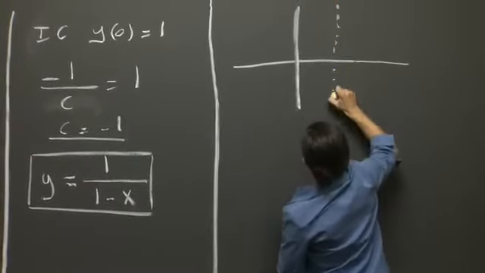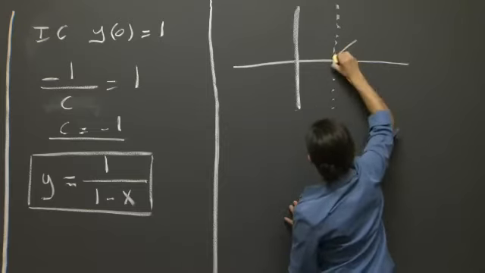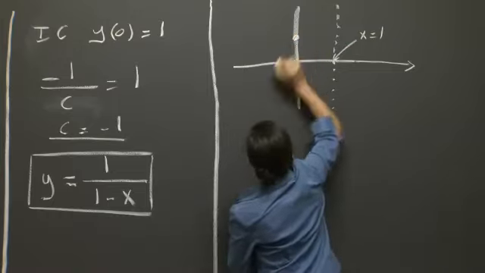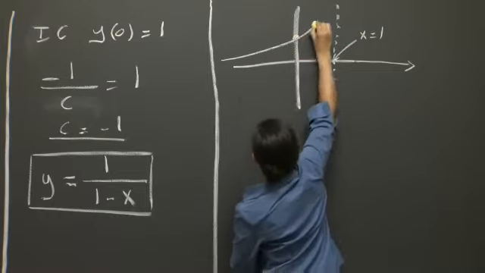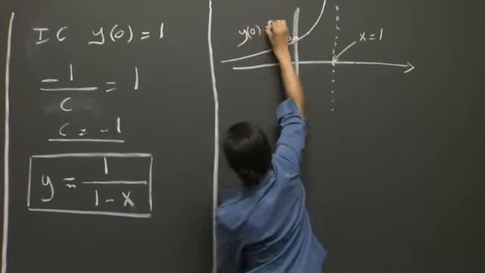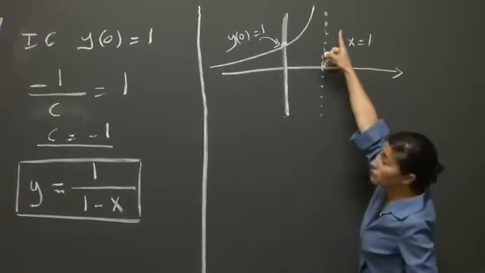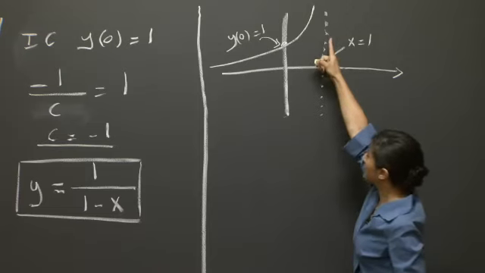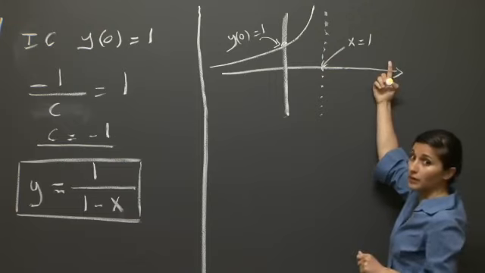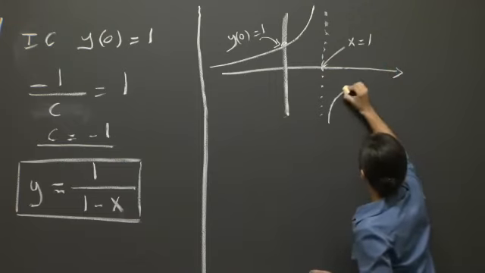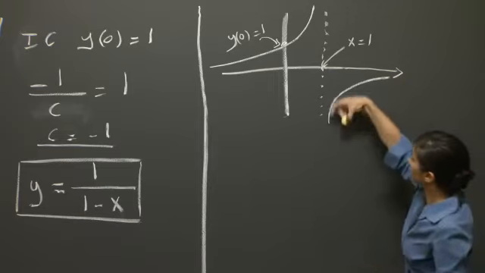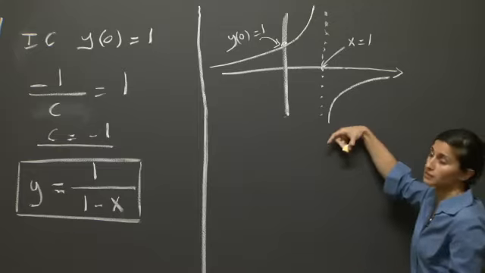We're going to have an asymptote at x equals 1, and a solution that passes through our initial condition y equals 1, going to infinity when approaching x equals 1. But on the right side of the value x equals 1, we also have another part of the solution that goes to 0 as x goes to infinity, and that diverges to minus infinity when x approaches 1.